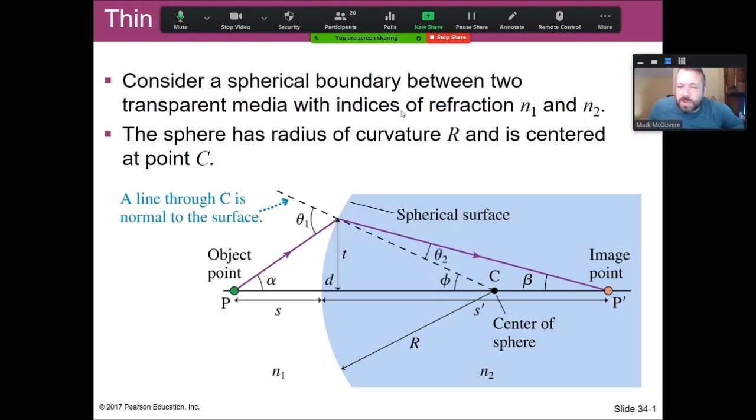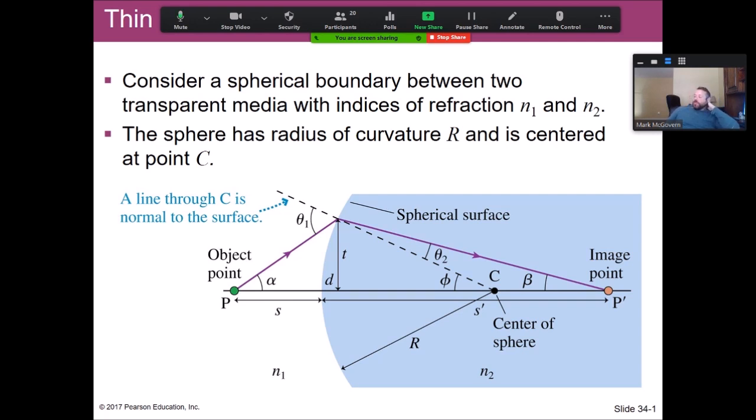Okay, so let's talk about this one. In this particular case, we're going from a lower index of refraction into a higher index of refraction. So our light is going to refract, and we want to imagine what our image is going to look like here.